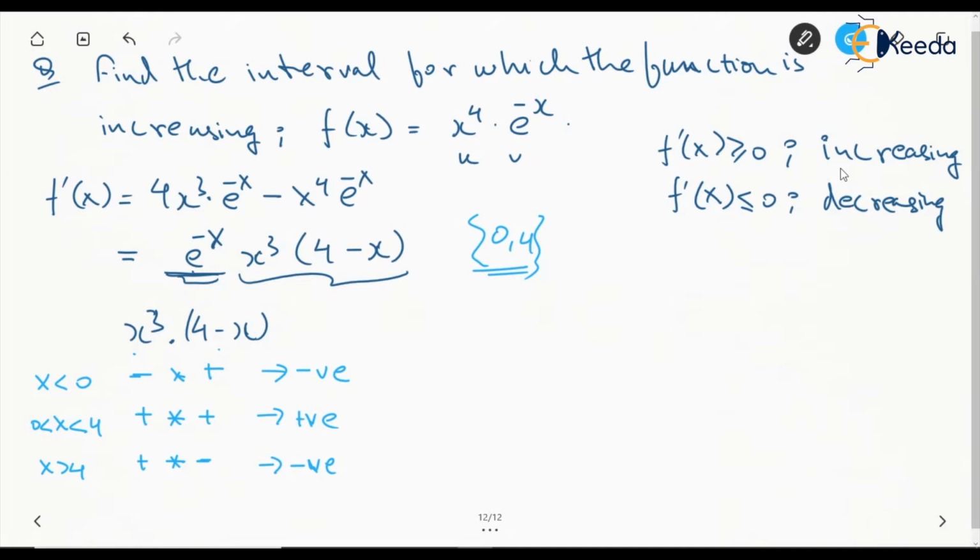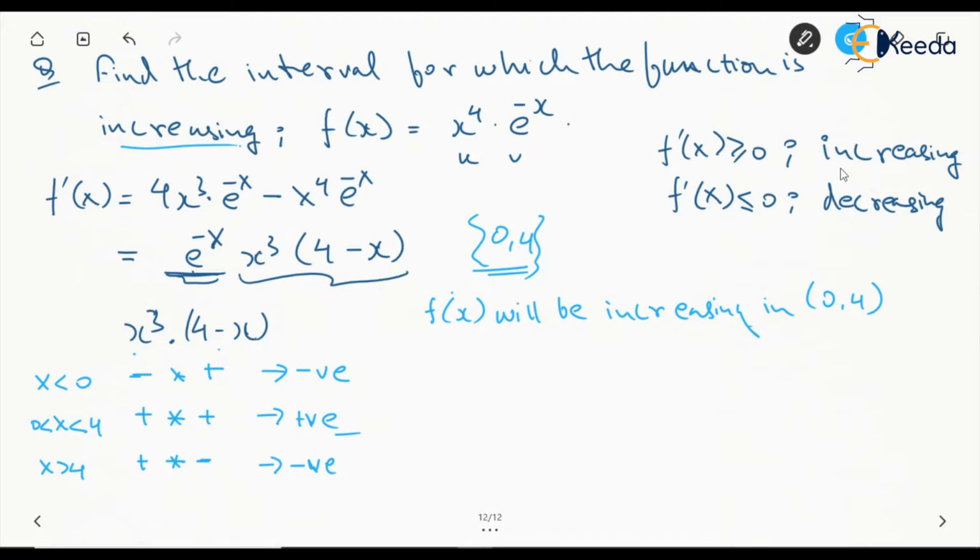So now we want the function to be increasing, so we need this derivative to be positive in the range of 0 to 4, which means this f of x will be increasing in the interval 0 to 4. Of course, you can include 0 and 4. It is a continuous function, so it won't matter much, right?